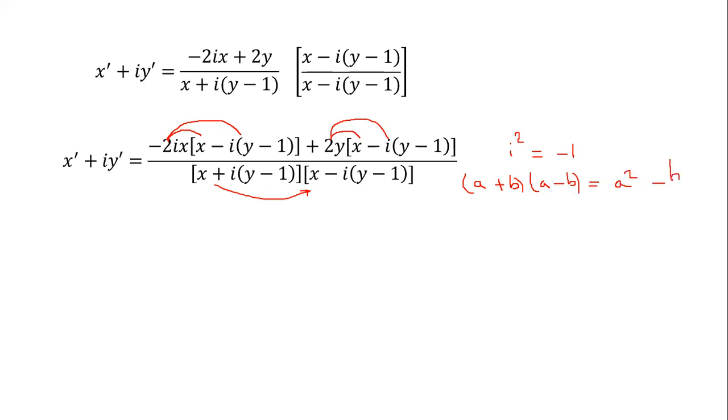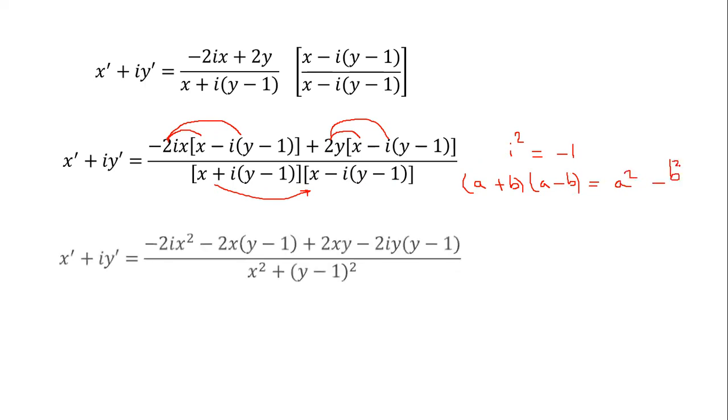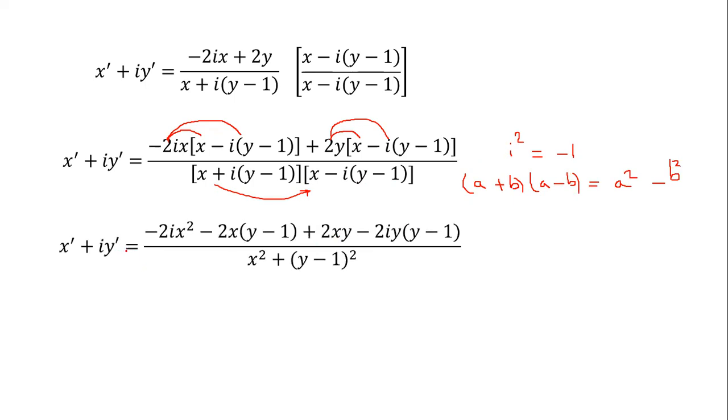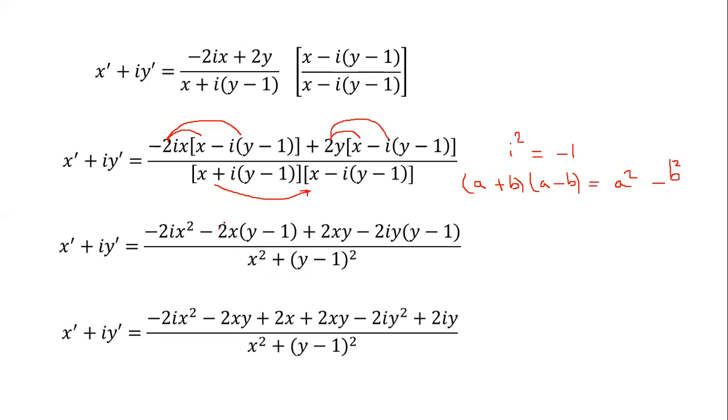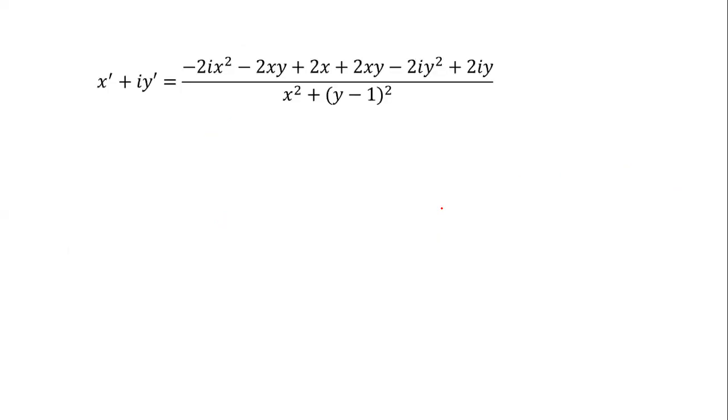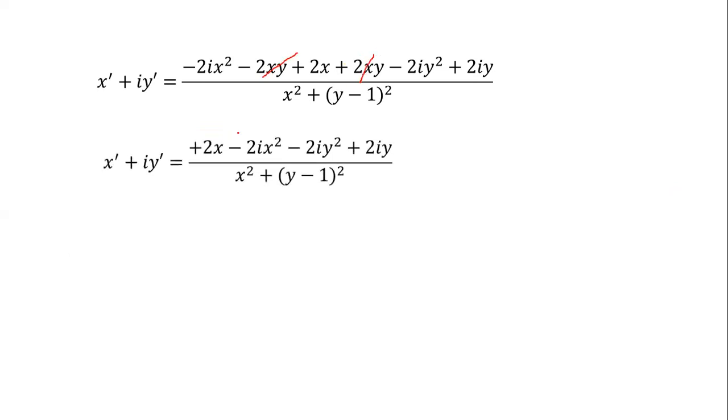Using all of these facts, you can get that x prime plus iy prime is in the following form. Again, I'm going to expand. And now it is time to reduce these terms. Minus 2xy and plus 2xy will cancel.